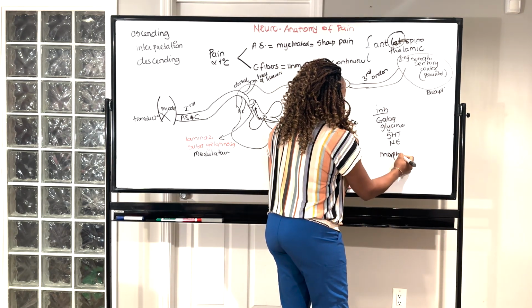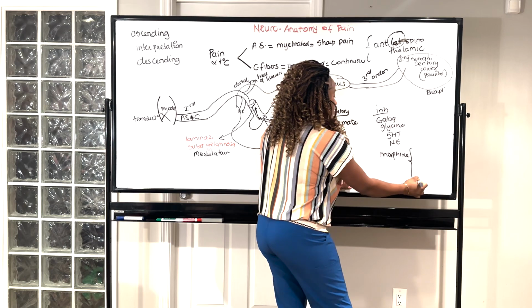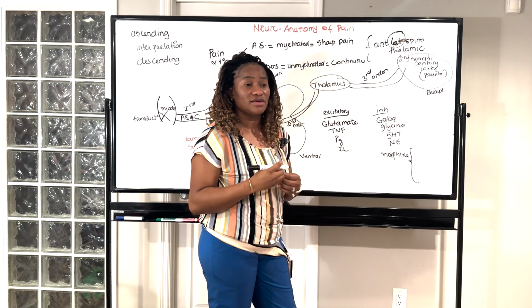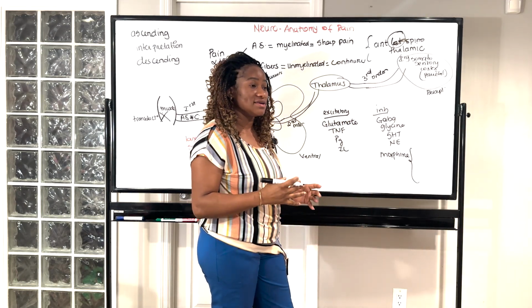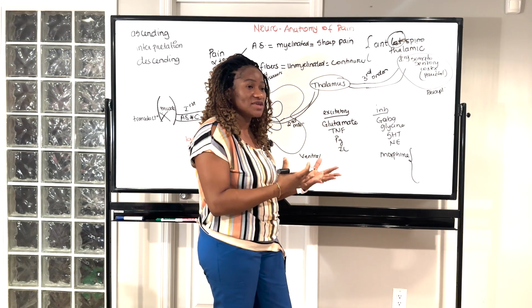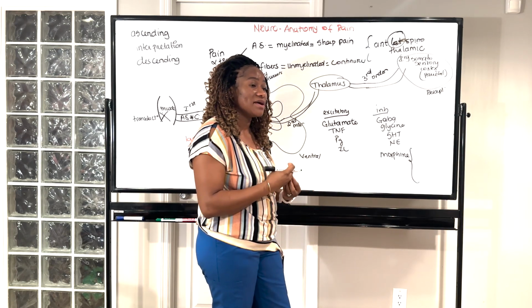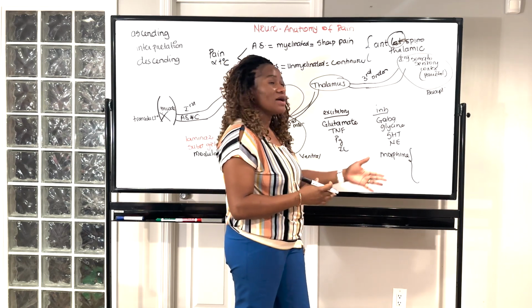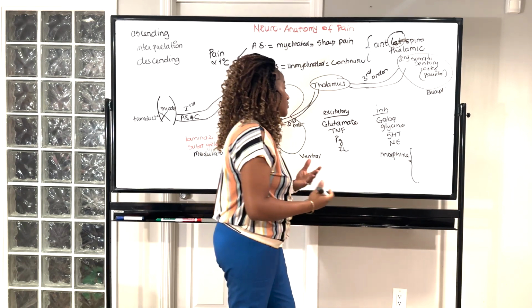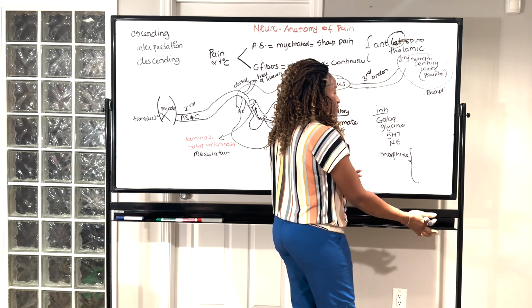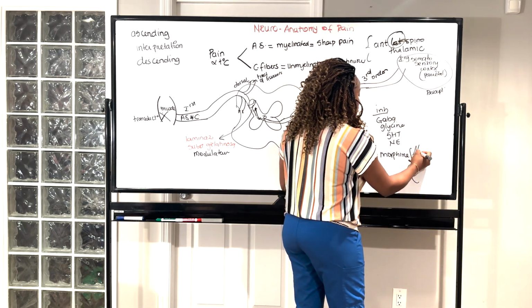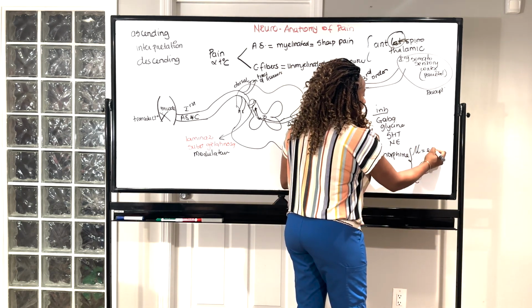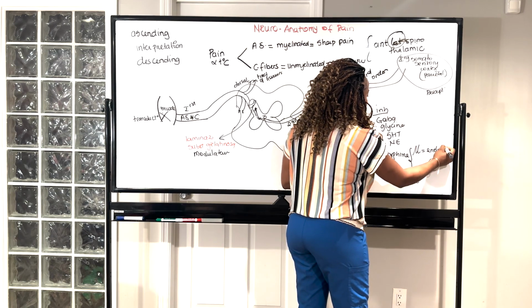Now remember, morphine has endogenous receptors in our body. So it's not the morphine that we give as a pain medicine, but our body is also able to secrete some pro-markers of morphine. So we have different receptors. We have the mu receptor, which acts on the endorphin.